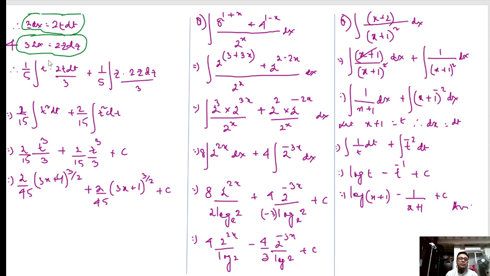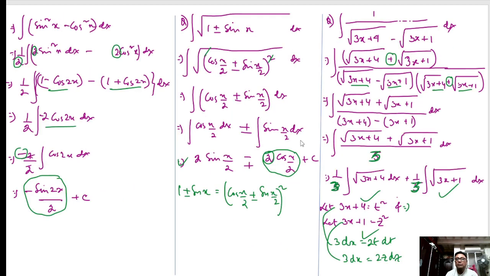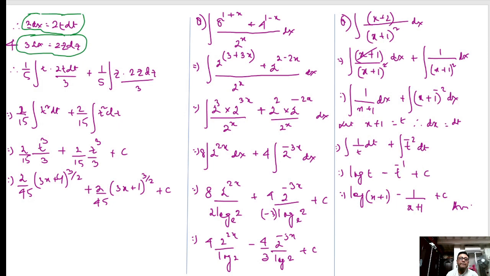So putting the values, it is 1 by 3. Please watch here, we took this as t², so this will become t, and we took this as z², so this will become z. Now putting the value of dx for this, we get this part.